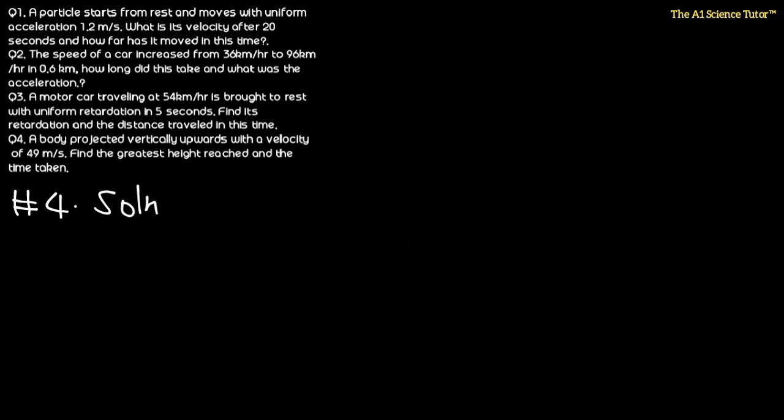So vertically upward, we find that this is a motion that is against gravity. So that is going to be a negative g, right? Just a nugget that you need to know, by the way. Now we have the velocity with which this happened. So that should be the initial velocity. That is going to be 49 meters per second.